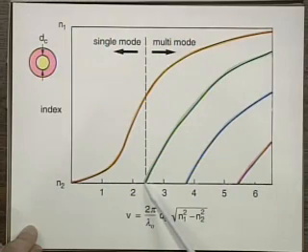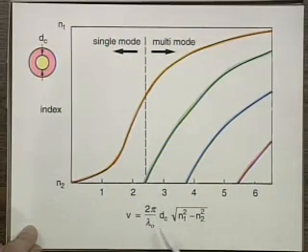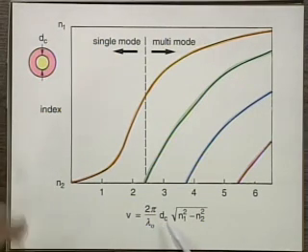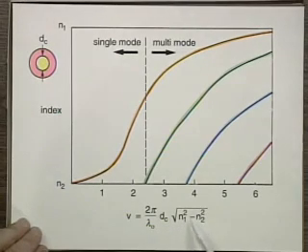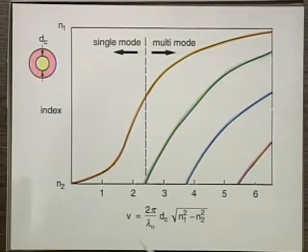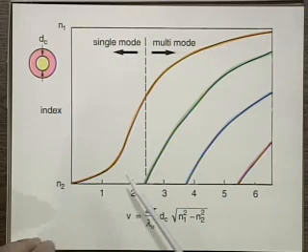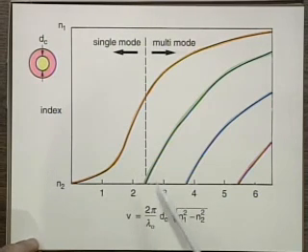In this previous demonstration, what we had was a single mode fiber, which means a fiber that satisfied this V number being less than 2.4 or so, because of the choice of the core diameter, the wavelength, and the difference in the indices. Now, in this next demonstration, we're going to violate this.